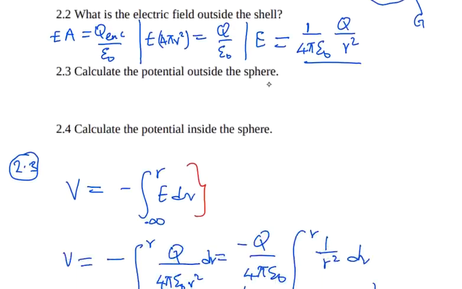Let's assume this is the sphere. Since the electric field here is 0, you have to notice that there is a uniform potential inside here. So the potential is constant.